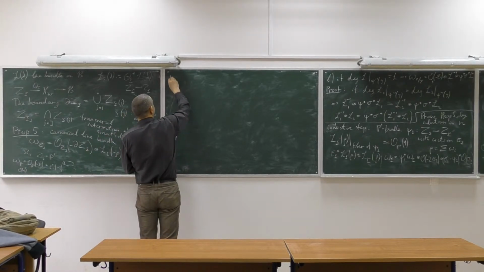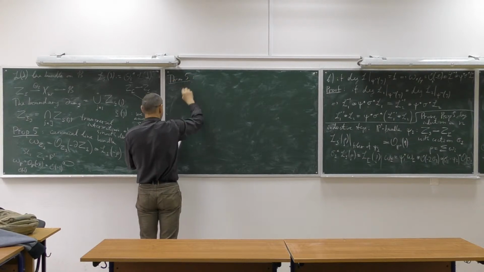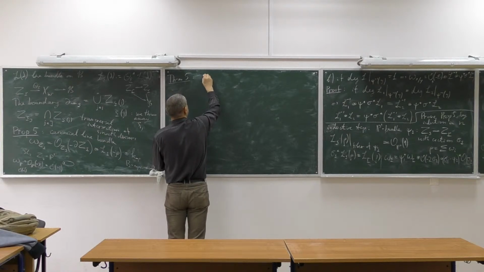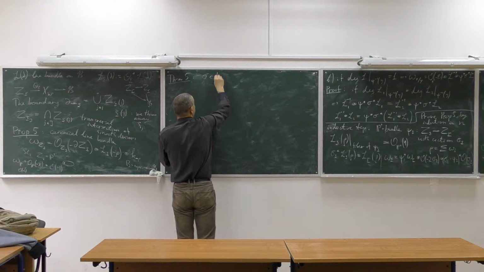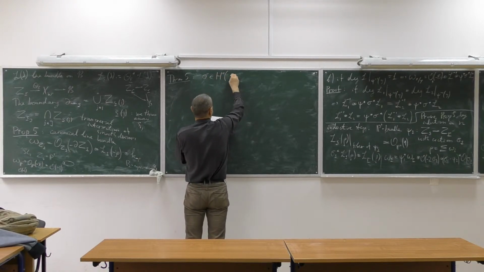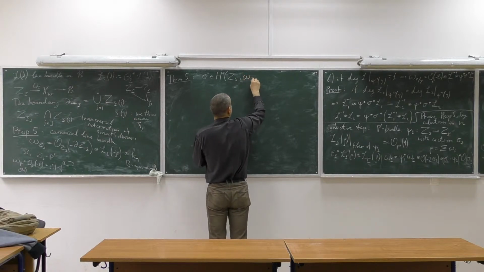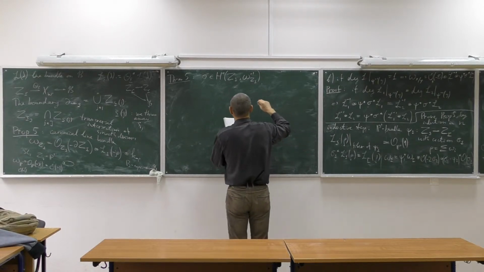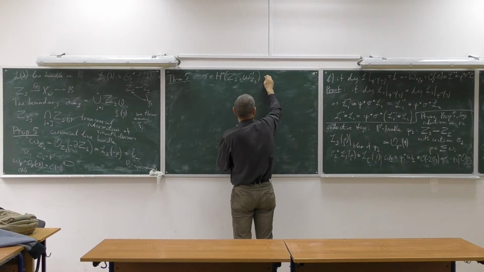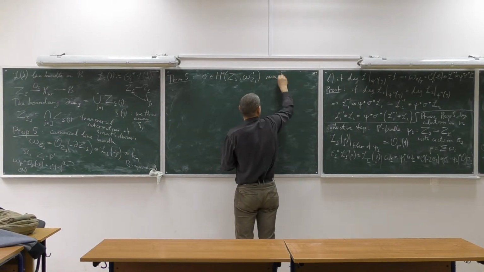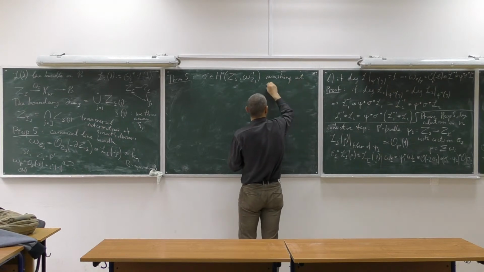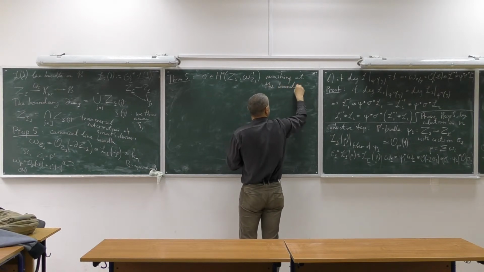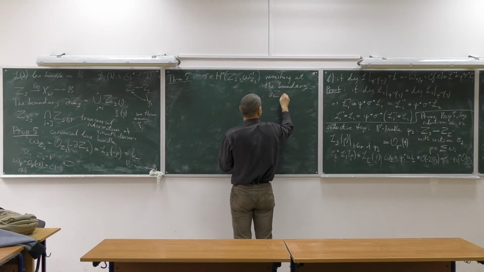And now, theorem 5 says that take a section sigma of the anti-canonical bundle vanishing at the boundary DZS.